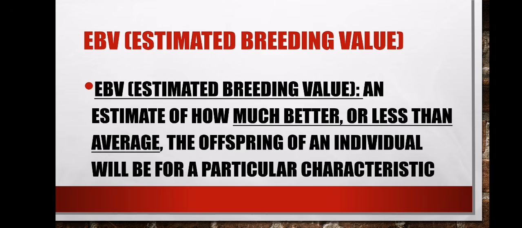You will see when we provide the implication, whereby we're saying the animal will have so and so many kg greater than average. That's when we will talk about the implication after doing the calculation.